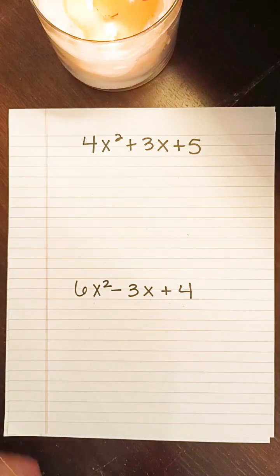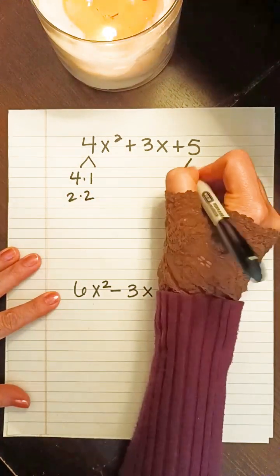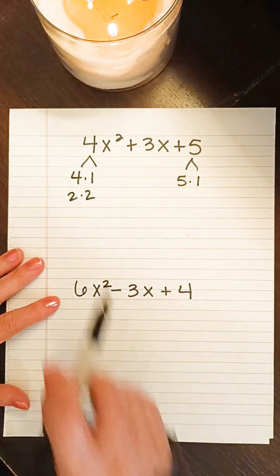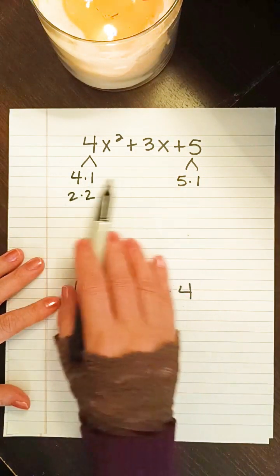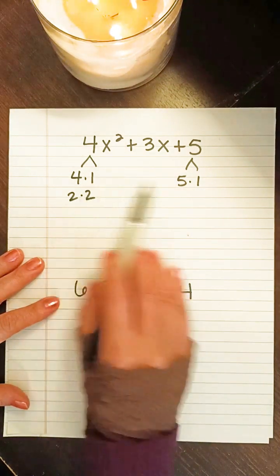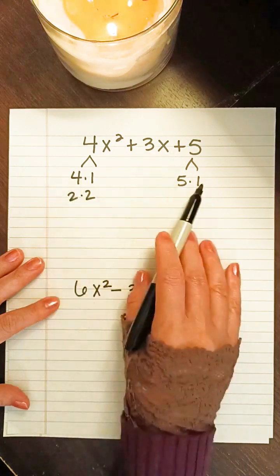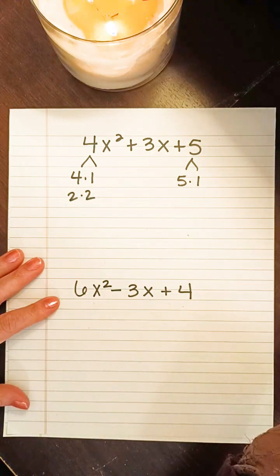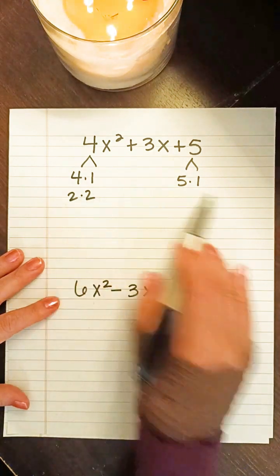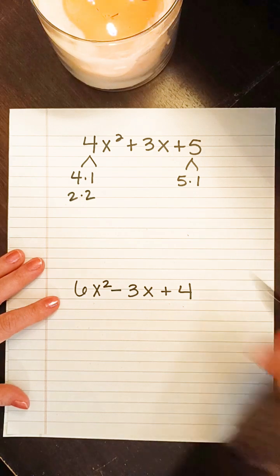Okay, so factors of our A term, factors of our C term. We need a 3. See, 4 times 5 is 20. 1 times 1 is 1. 20 plus 1, 20 minus 1 won't get us 3. Let's see, the other way, sorry. 4 times 1 is 4. 5 times 1 is 5. 4 and 5. 5 minus 4 isn't 3. 2 times 5 is 10. 2 times 1 is 2. 10 and 2. 10 minus 2 won't get us 3.